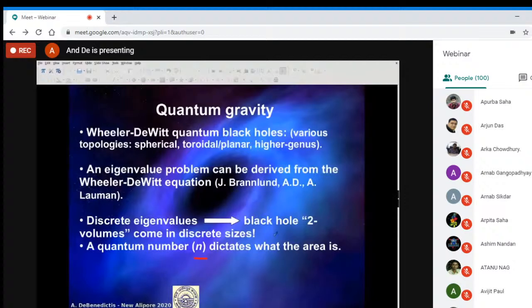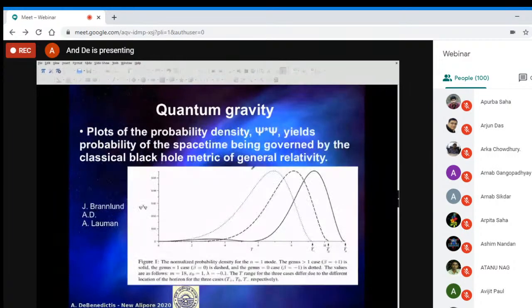So if one believes this simplified version of Wheeler-DeWitt theory that we used, then one gets discrete areas for the surface area of the black hole. And what we plotted here is psi star psi, which gives you the probability density. This is now highly simplified; we had to simplify the problem a lot in order to get a tractable solution.